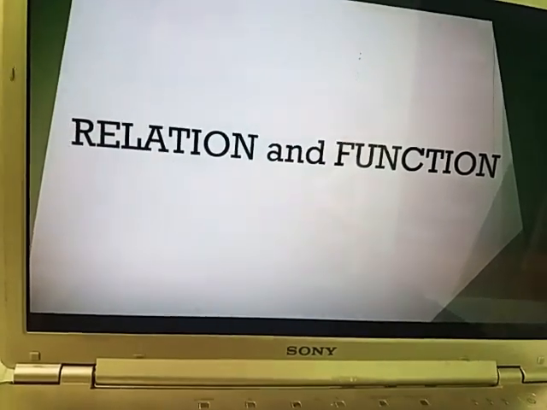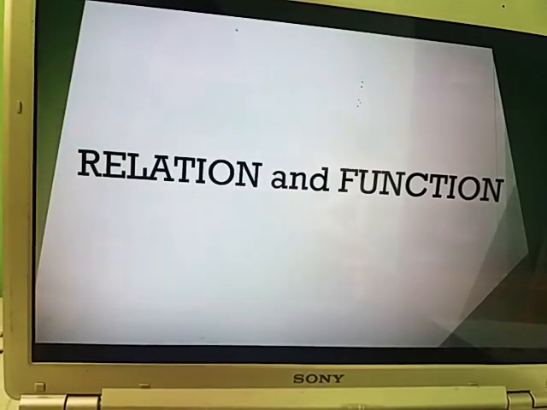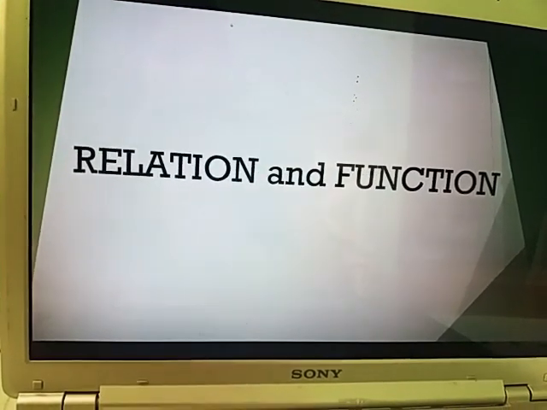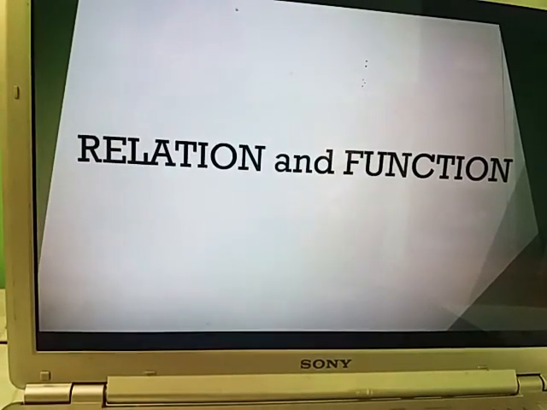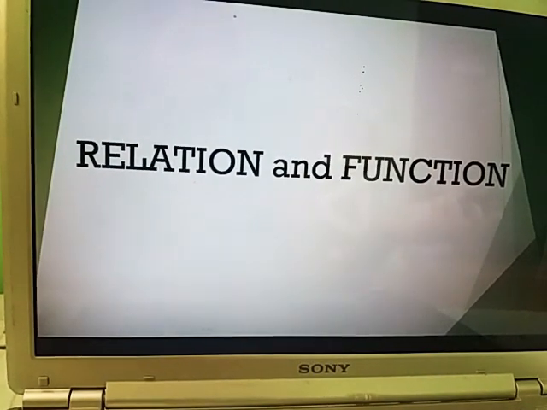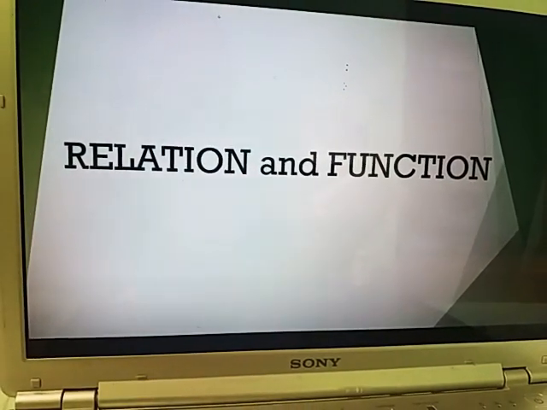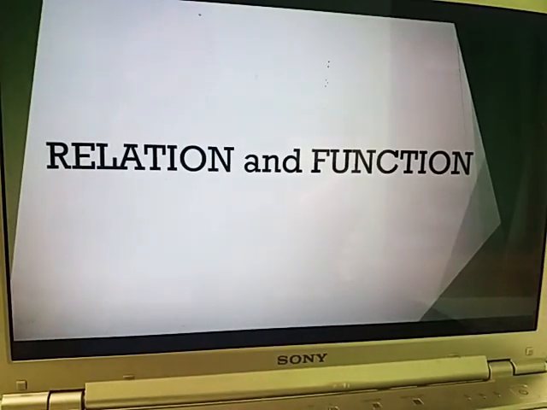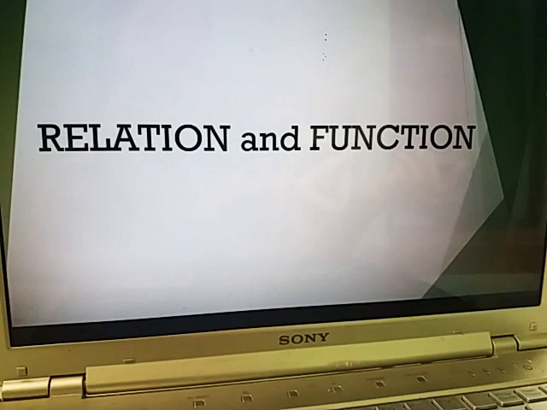Hindi siya function kasi nauulit yung teacher. For example, ako, Ma'am Amira to Christian, Ma'am Amira to Shine, Ma'am Amira to Jan, Ma'am Amira to Jenny. Parang ganon. So, it's not a function, but it is a relation. Okay, there is a relationship between the students and the teacher.